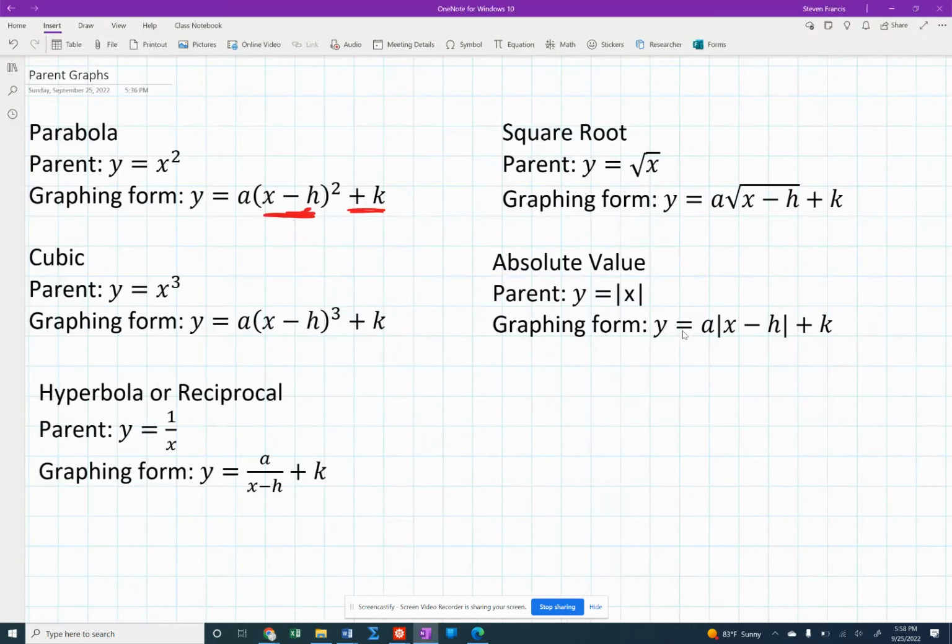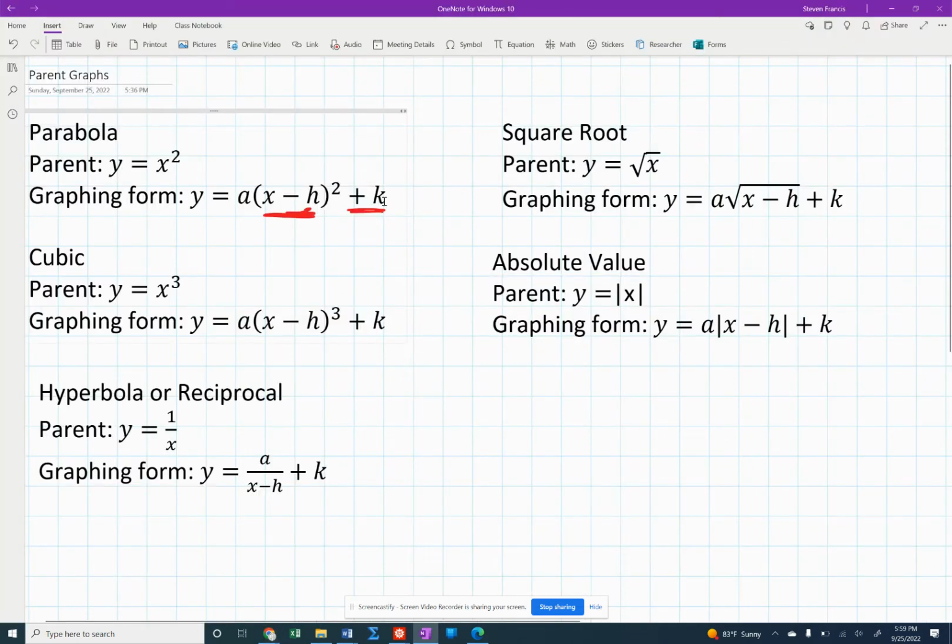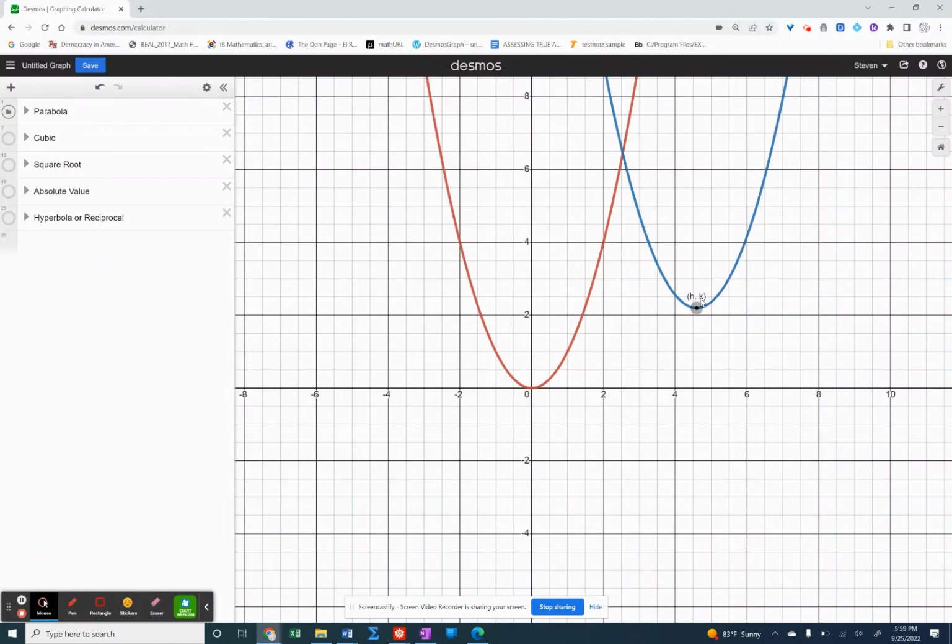So whatever number you have for h, it's x minus h. If it's x minus 3, then 3 would be the x coordinate of the vertex. And if k was 5, then 5 would be the y coordinate of the vertex. So that's what the parabola looks like.